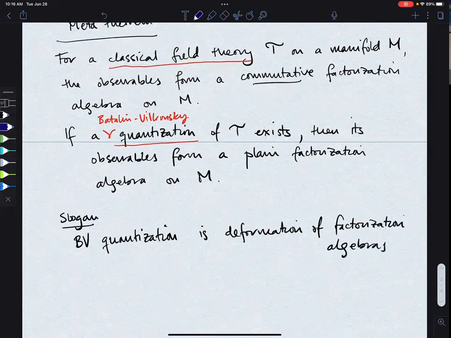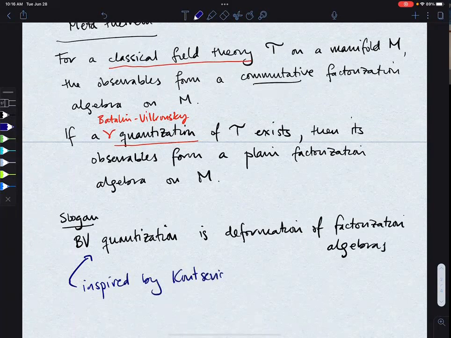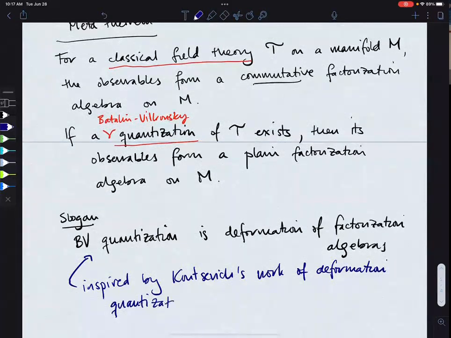And I should emphasize that this is inspired by Kontsevich's deformation quantization work, especially as it was explained and developed by Cattaneo and Felder.